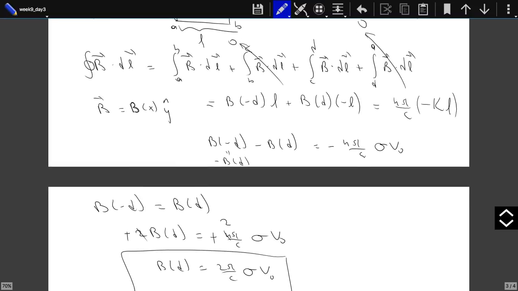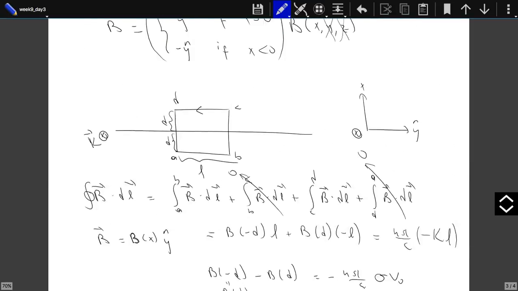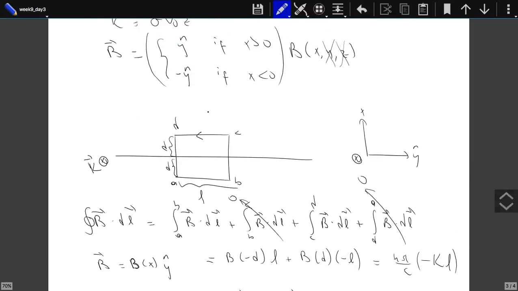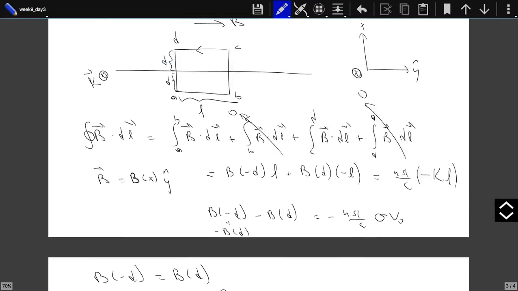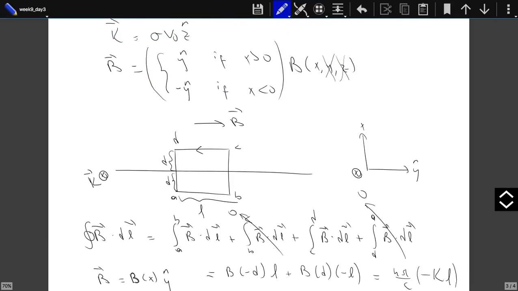So B of d, well, this basically tells me that above, this is the direction of the magnetic induction, because you see B of d is the component in the y-hat direction. So for x positive, above the plane, B of d, also, as you said, by the way, this is independent of d. So it's uniform. What is the direction of z-hat? Z-hat, you see, it's in the direction of K, into the screen.